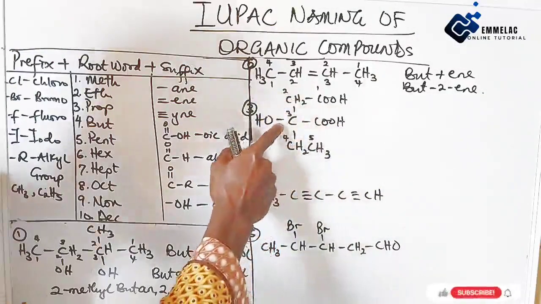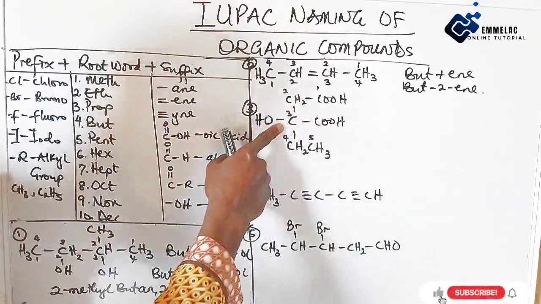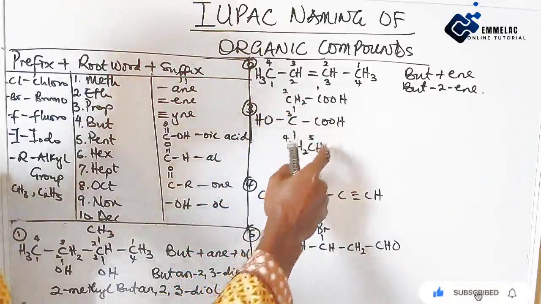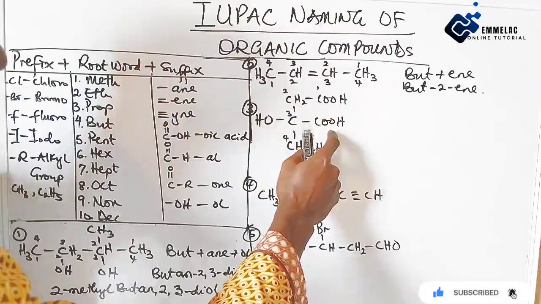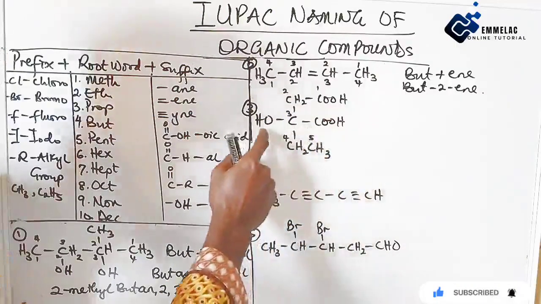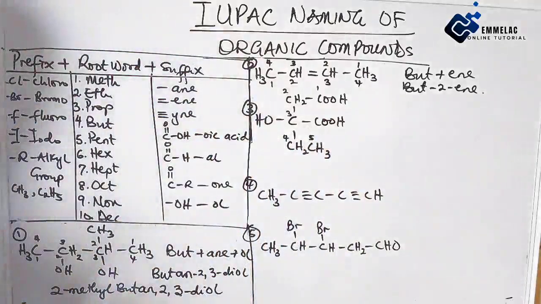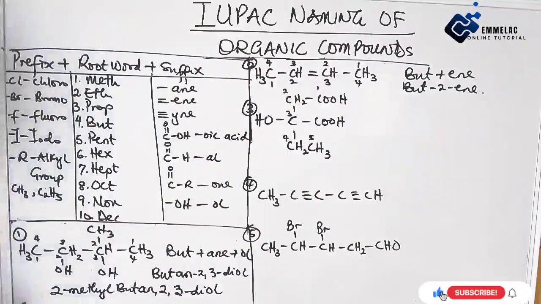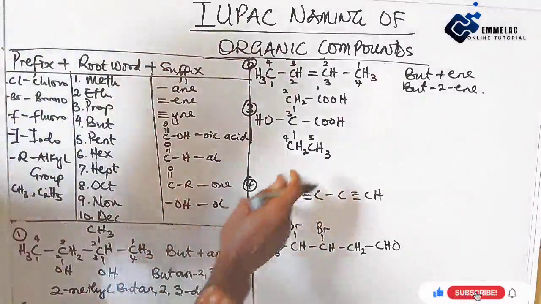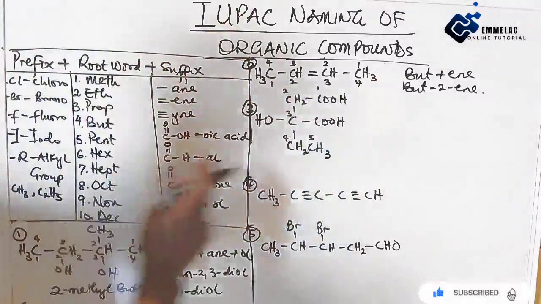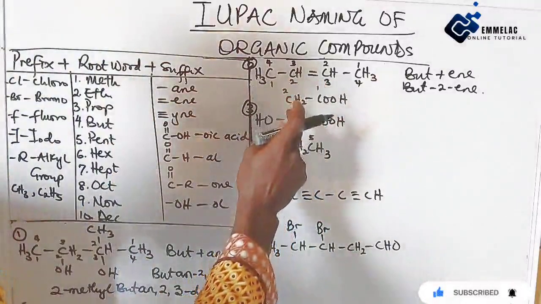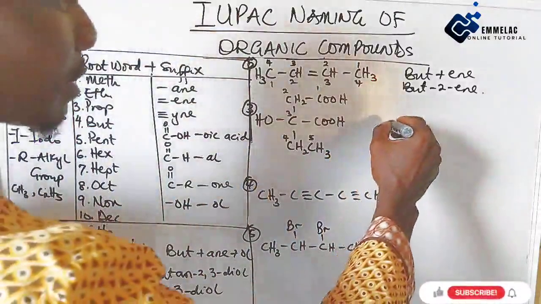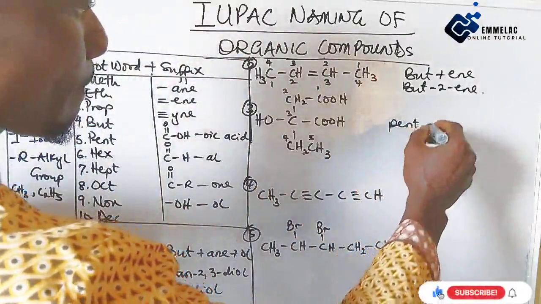Now in this carbon chain, this carbon atom contains 2 functional groups, which are the carboxylic acid and the alkanol functional group. Let us quickly write the root word. This is 1, 2, 3, 4, and 5, and 5 is pent.